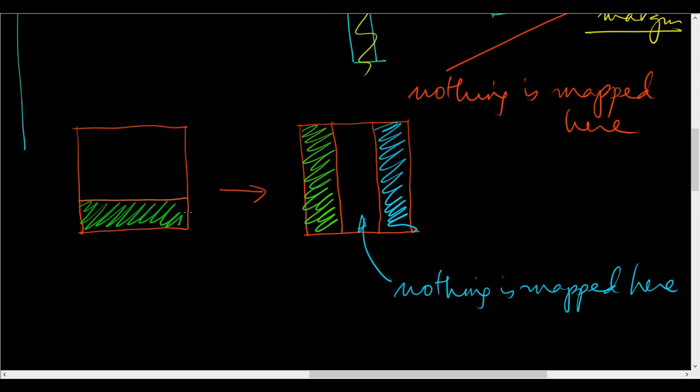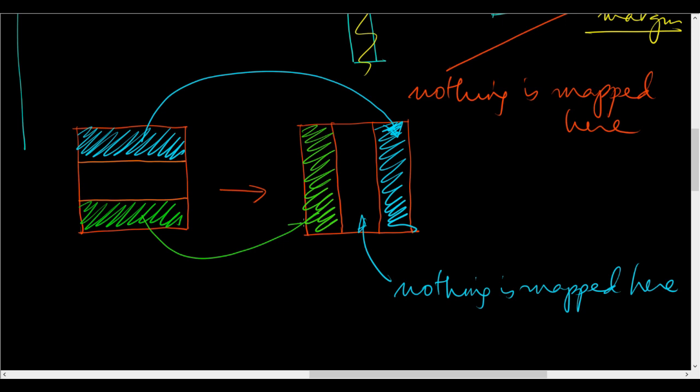This is the one that went there, and this is the blue part. Let me draw a boundary here. This is the blue part. So this blue part went there, this green part went there, these are lost. We don't care about them, we never saw them again, and nothing got mapped here.